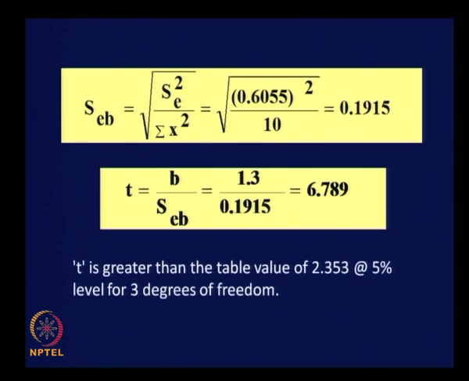T here is greater than the table value of 2.353 at 5% level of significance for 3 degrees of freedom, isn't it? For estimation of standard error of estimate, we had k value as 2, so number of degrees of freedom is 5 minus 2, only 3 degrees of freedom, right.